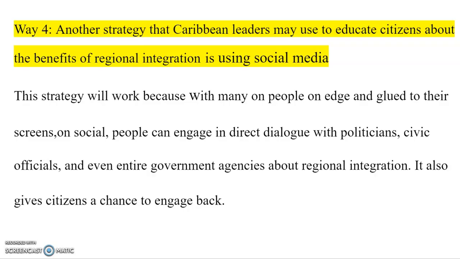So the Caribbean leaders can use this medium to their advantage to educate citizens about regional integration and its benefits, right? So Caribbean leaders, they can interact with citizens, they can post information about regional integration and its benefits, and citizens will be able to interact with them maybe by asking questions. Maybe they have some misunderstanding about some information. They can interact and ask questions.